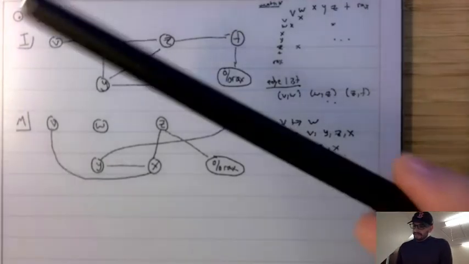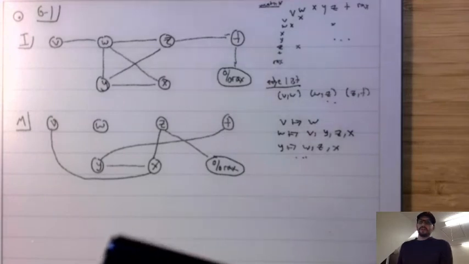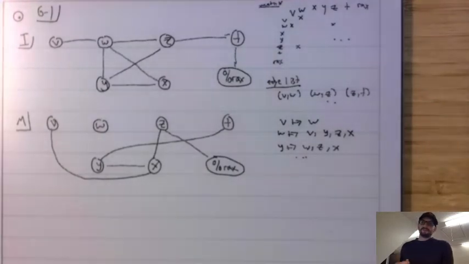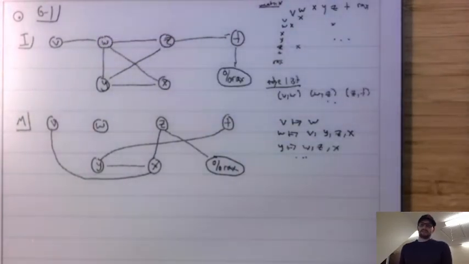And we want to label each vertex with a color such that no vertex is adjacent to something of the same color. For an analogy, you can think of this as being like taking a map.